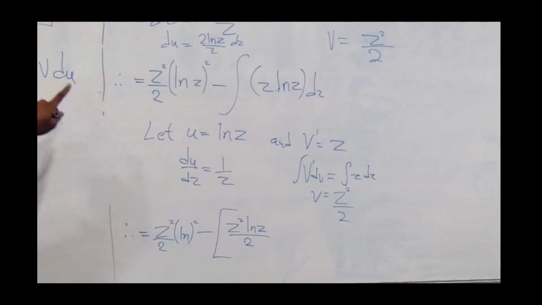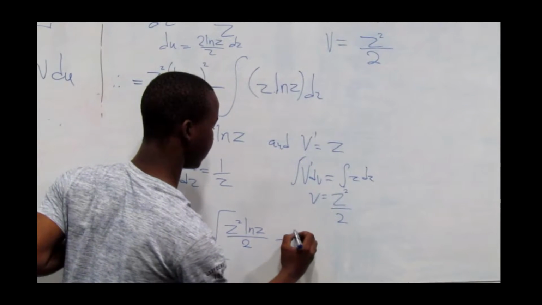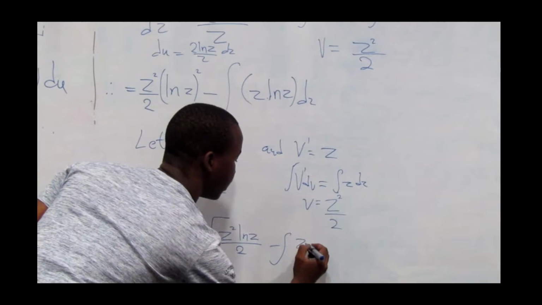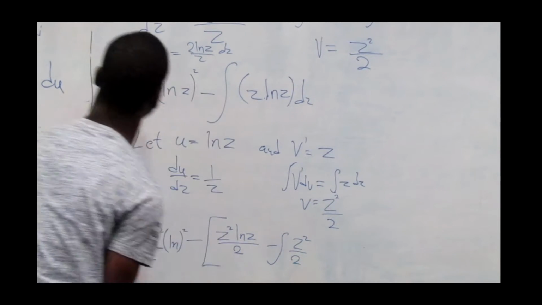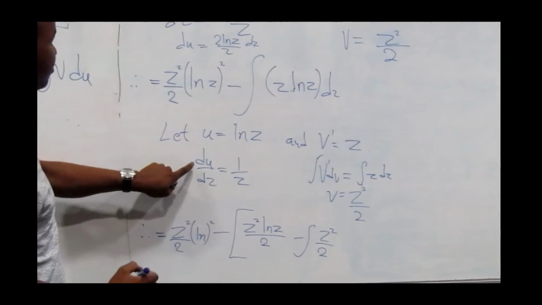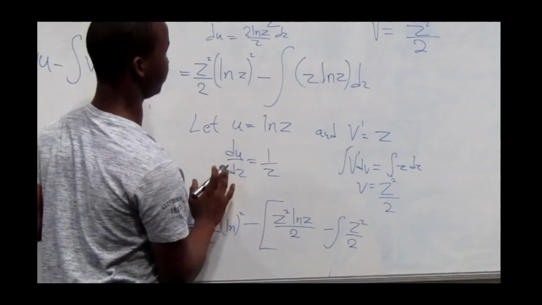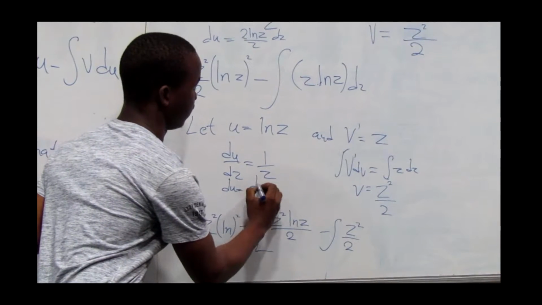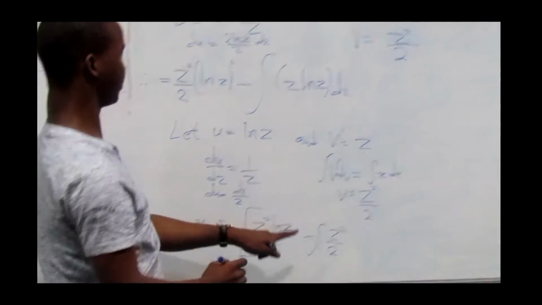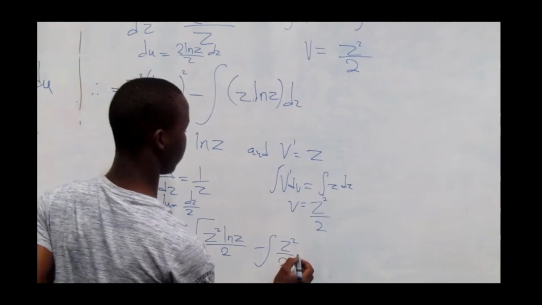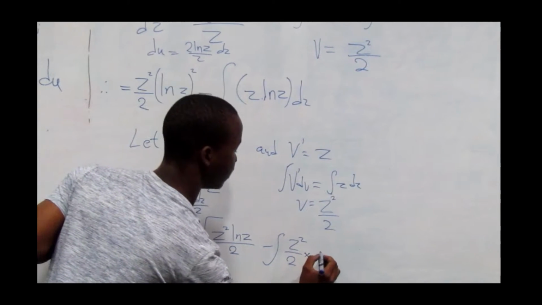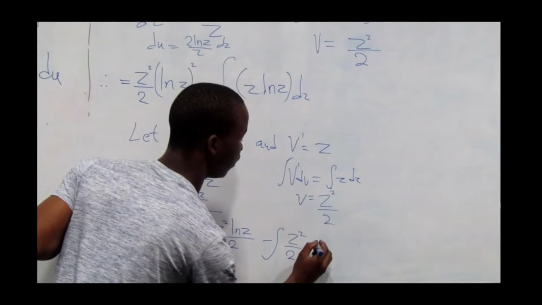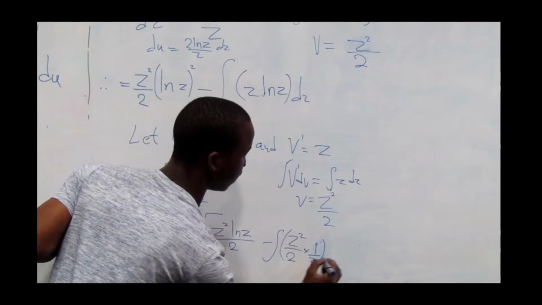Then you minus it with this one: minus v, our v is z squared over 2, multiplied by du. Make du the subject of the formula here, which is du equals dz over z. Substitute du here, multiplying v, it's going to be dz over z, of which is 1 over z dz.